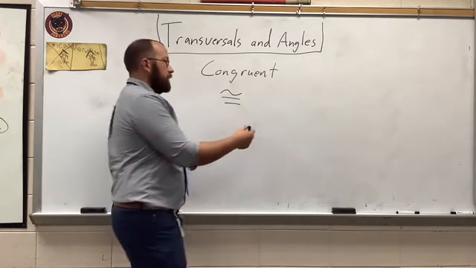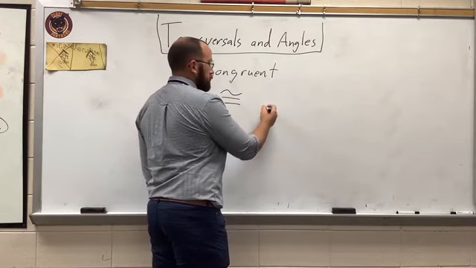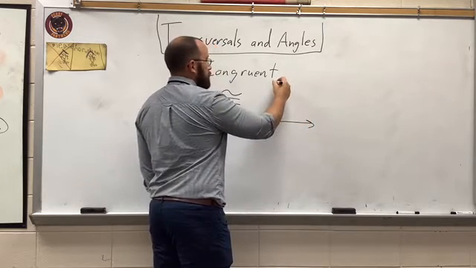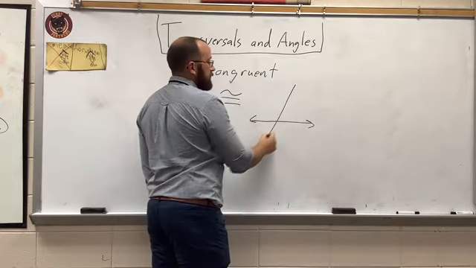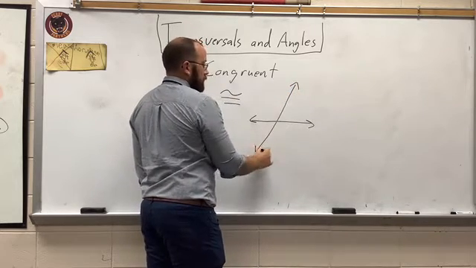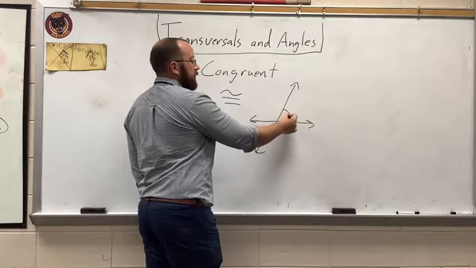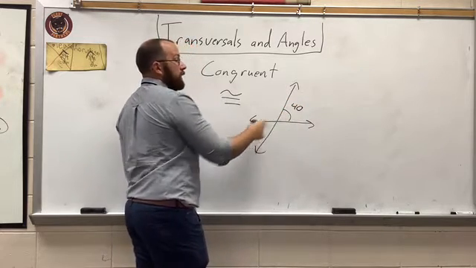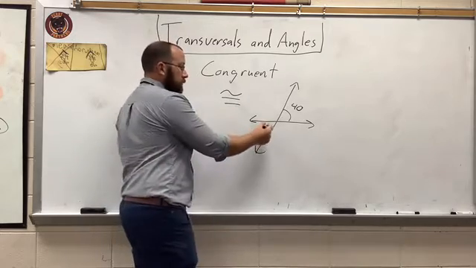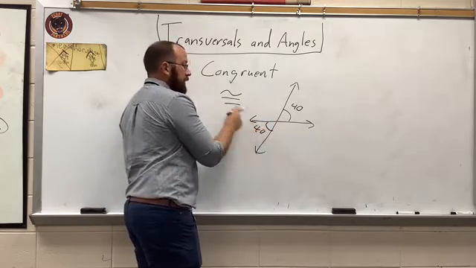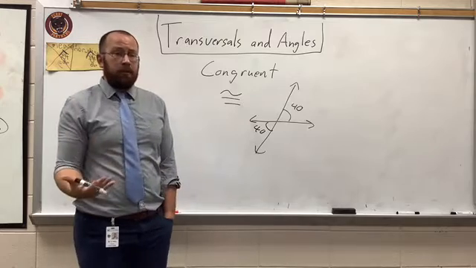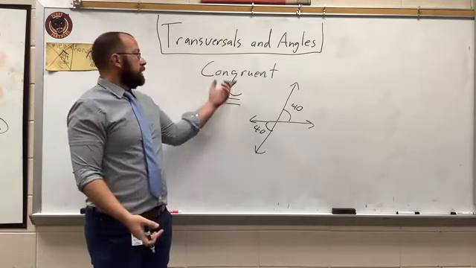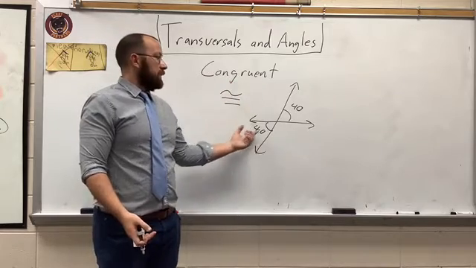So if I have this, and you'll see this in a second, but I have this angle right here, I say is 40. Based on what we're going to learn later on, this one has to be 40. And that's called being congruent. They are equal to each other. I'm going to say this word quite a bit as we go through this, but congruent just means equal angles is all.